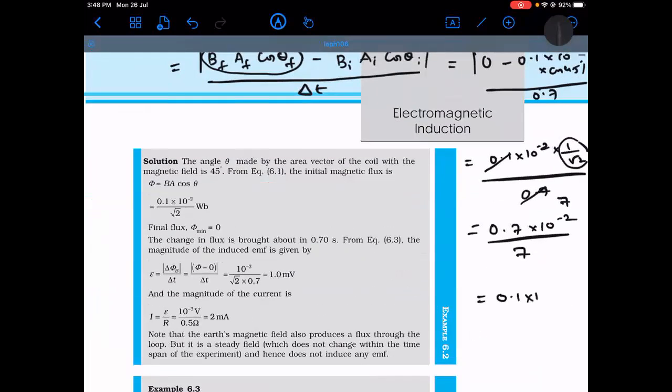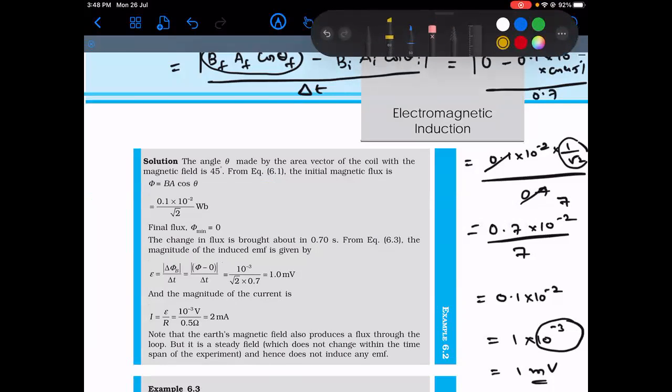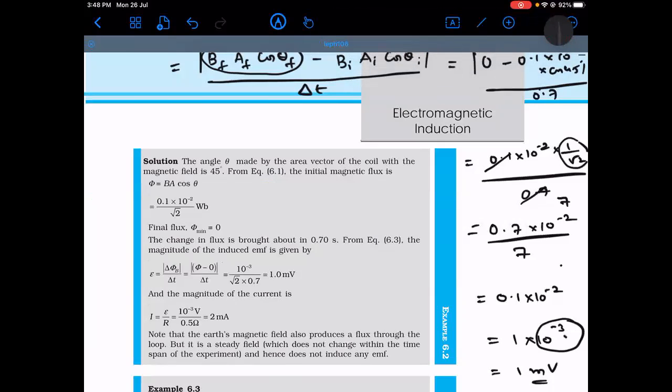That will be 0.1 into 10 power minus 2, or 1 into 10 power minus 3, and 10 power minus 3 is 1. Sorry, not Tesla, volt. Sorry. Volt. Am I clear, guys? No confusion, right? It's actually a simple problem.